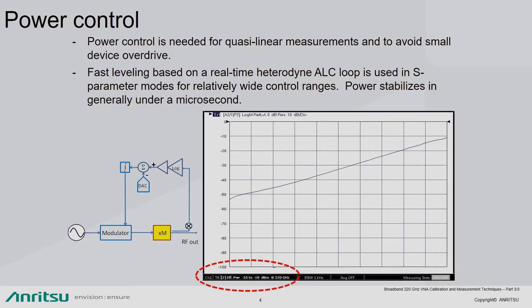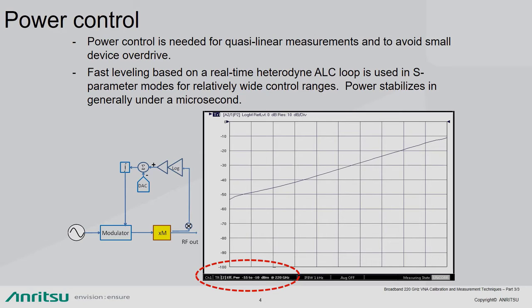As shown previously in the NLTL module diagram, each source band provides an electronic ALC control loop for a wide range of power level control. The ALC circuit provides fast leveling based on a real-time heterodyne ALC loop and power stabilizes in generally under a microsecond.